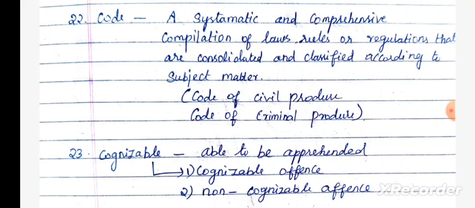For example, under the Criminal Procedure Code, we only have the laws, rules and regulations of criminal procedure. We do not have anything about civil procedure. We do not have anything about the Indian Penal Code. It is only classified and consolidated according to the specified subject matter.